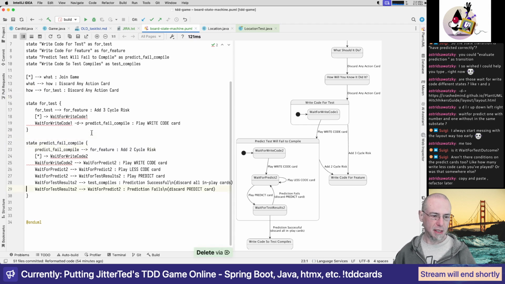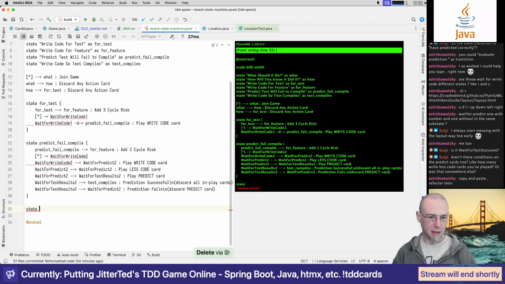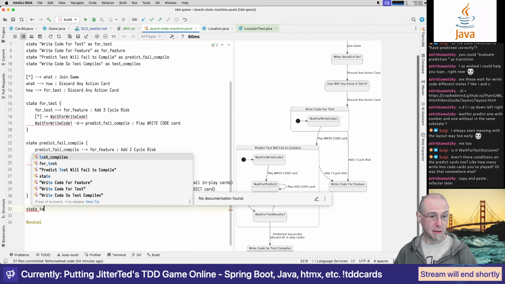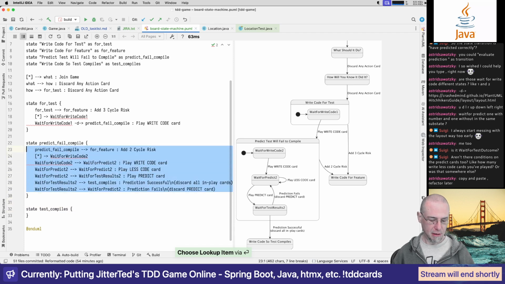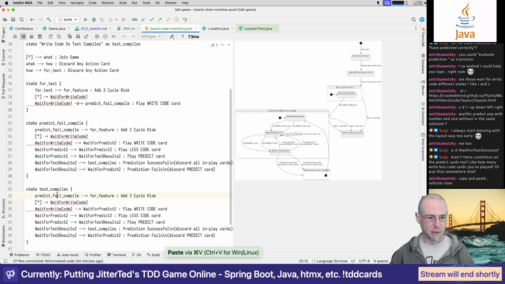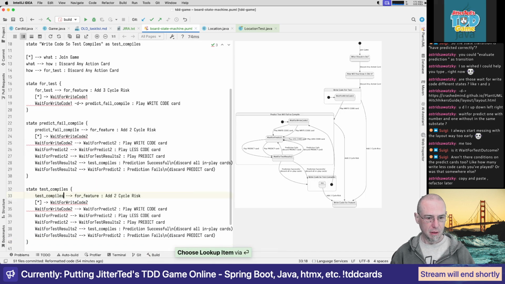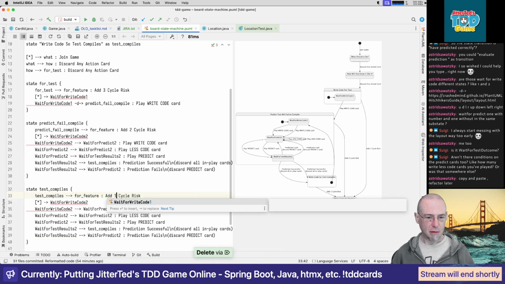So the next state then is state test compiles, which is basically this, except this is add 1 cycle risk.